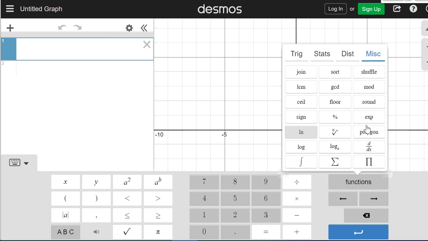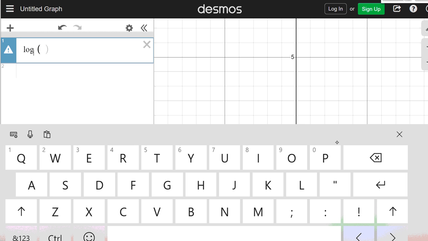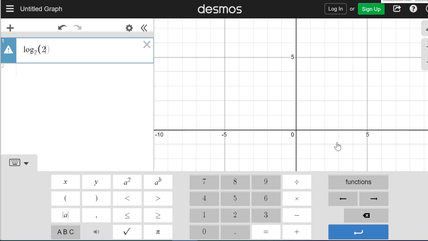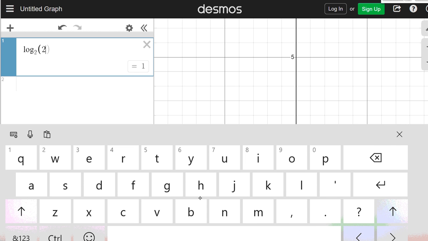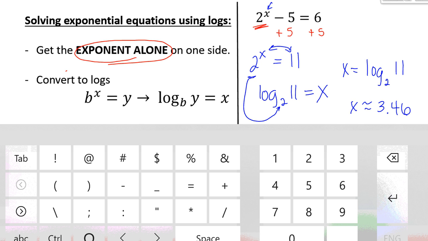You can hit LN, or you can just type the letters LN and it will know. Or you can just type the letters LOG if your base is 10. This is the one that you would end up using though. So log base 2 of 24 is 4.58. Okay, so Desmos will do it for you as well.